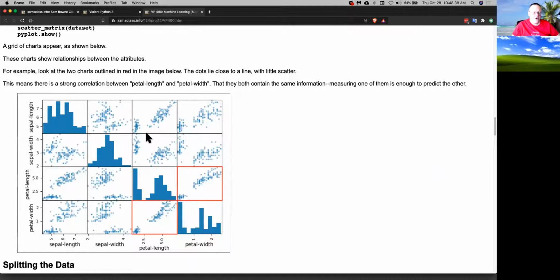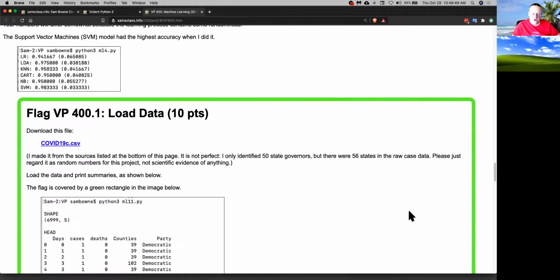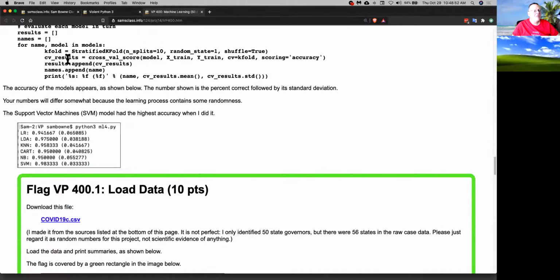Here you have a strong correlation between petal length and sepal length, and so on. So you can see if there are patterns in the data. Then you can try splitting the data into different categories and making a mathematical model that will figure out which category you're in from the data.